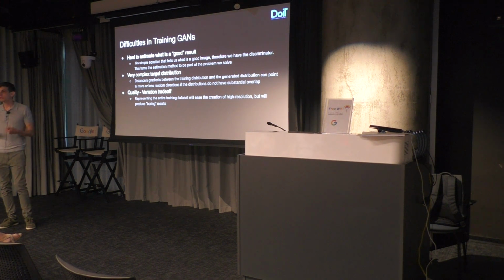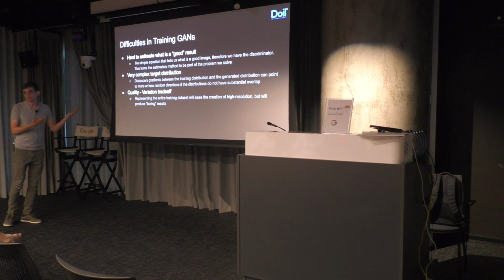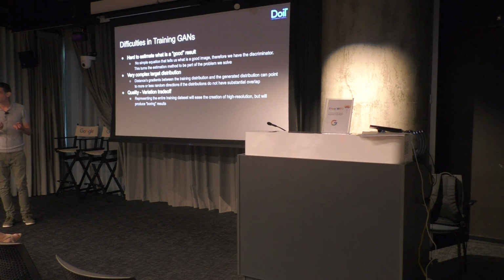Because there is no function that can tell us if this 9 looks like a real 9. We are actually learning this function within the discriminator. So part of solving the problem is actually learning how to solve the problem. And that's really not a good practice for science. But it brings very good results.